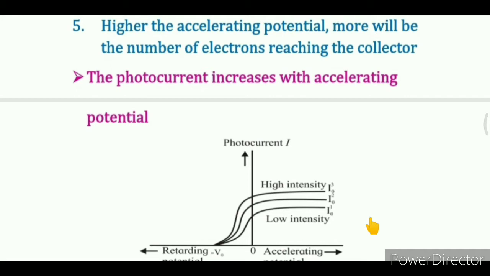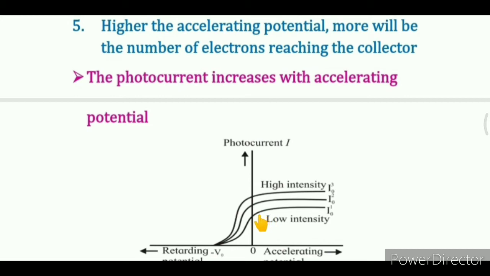That's why we can say that the higher the accelerating potential, the more electrons reach the collector plate. Hence, as the number of electrons reaching the collector plate is more, the photocurrent increases. The photocurrent I will increase with the accelerating potential initially. The same can be shown over here.